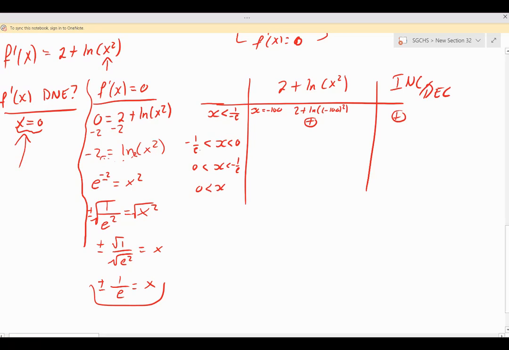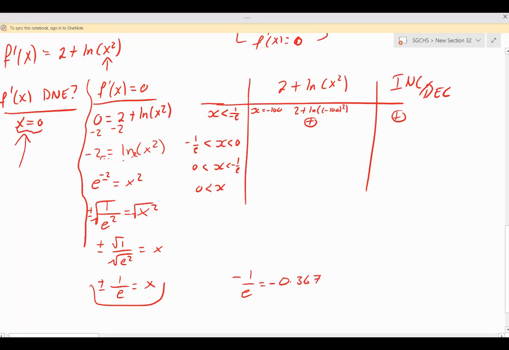How about when it's between -1 over e and 0? Well, let's choose some value here. Something to note, -1 over e, if you plug that in your calculator, if you just want to know roughly what that equals, sorry, let me just plug this into my calculator here. That equals roughly -0.367.